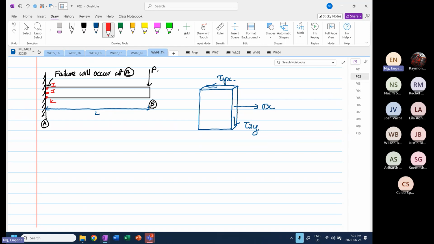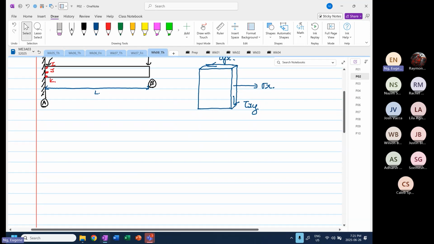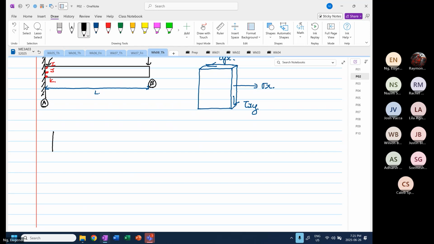Now, if we were to draw the cross-sectional area of the beam, we're going to have y, z, rotation about x.